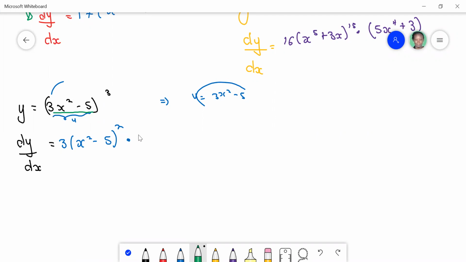That gives me 6x. So I have 18x (3x squared minus 5) to the power 2. This then becomes my final answer.